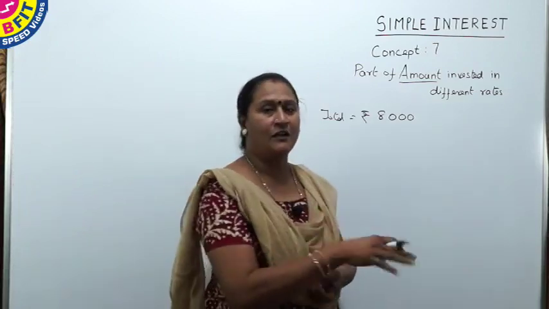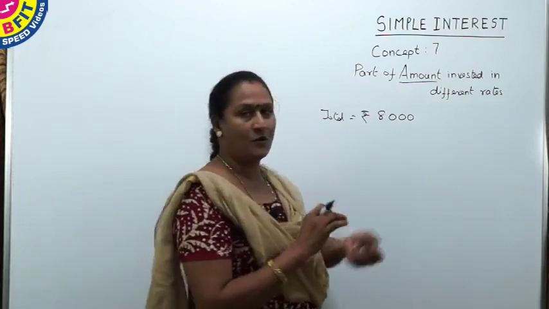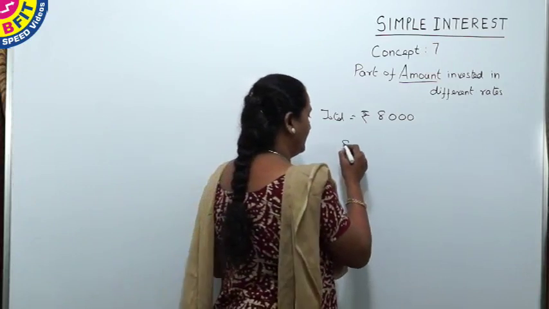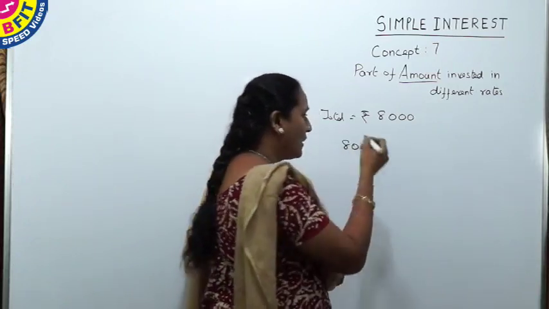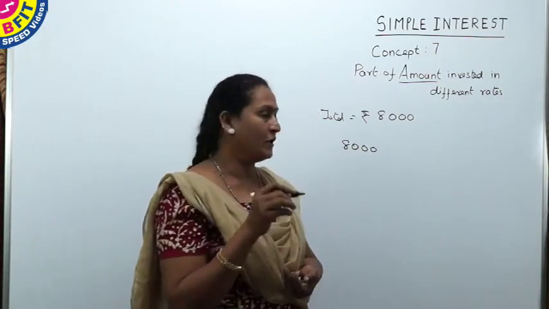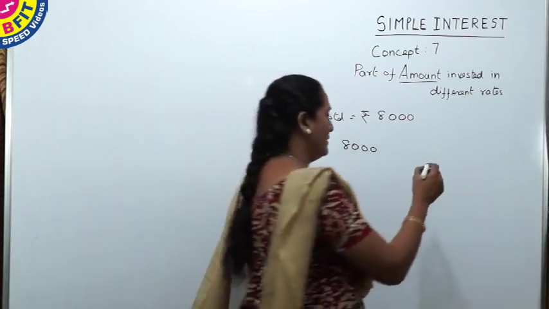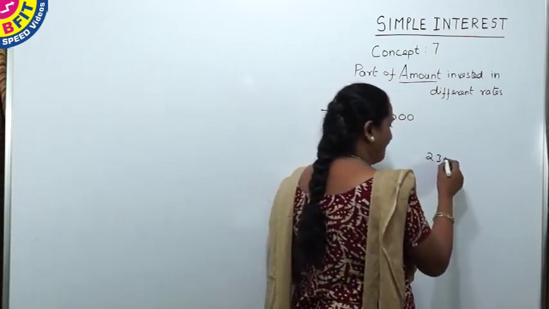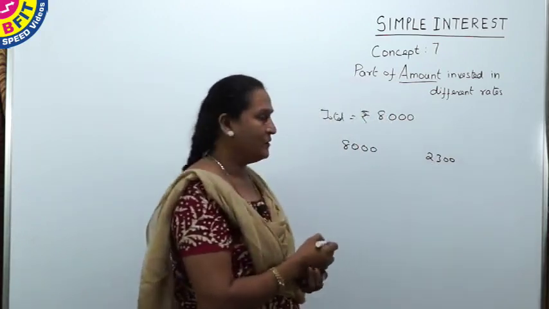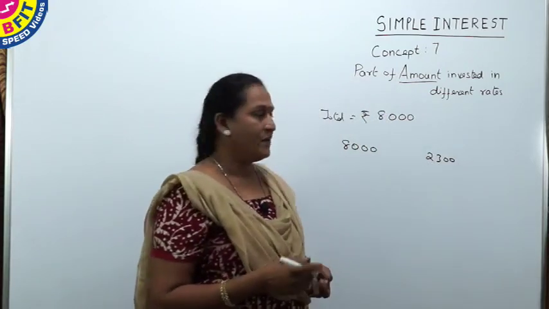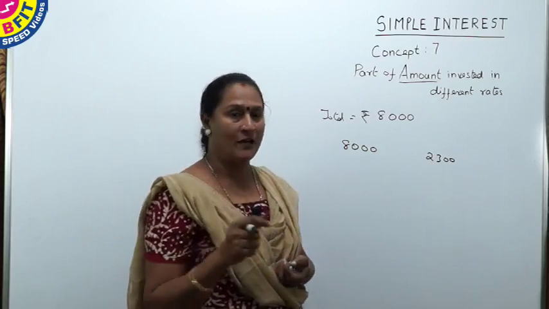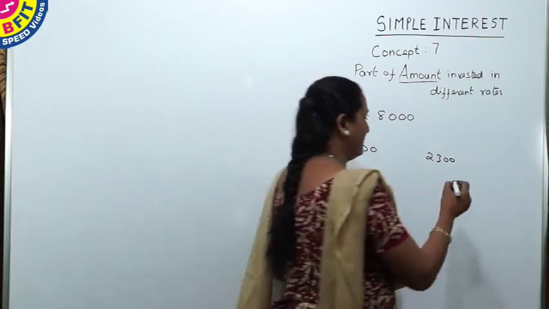So instead of following the conventional method, here the total amount is 8,000. So what is the interest for 8,000 in both the interest rates for 5 years? It is 2,300. So this interest is for 5 years. We'll find the interest for 1 year for this 8,000.